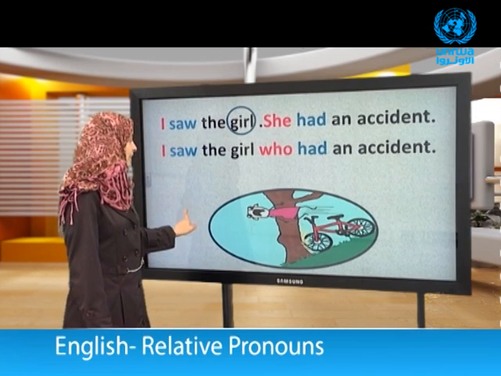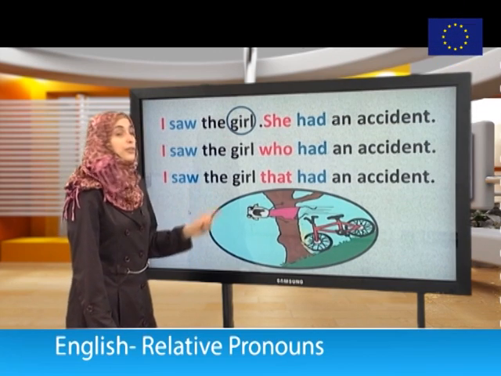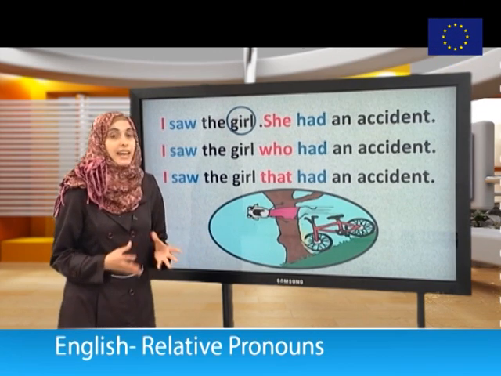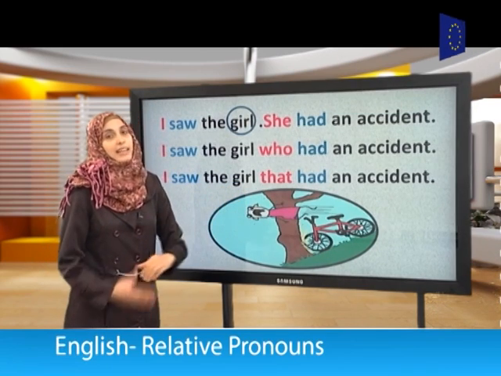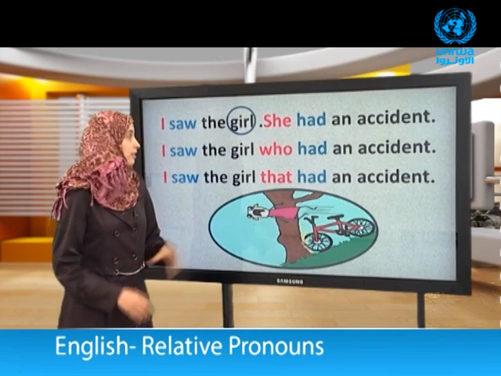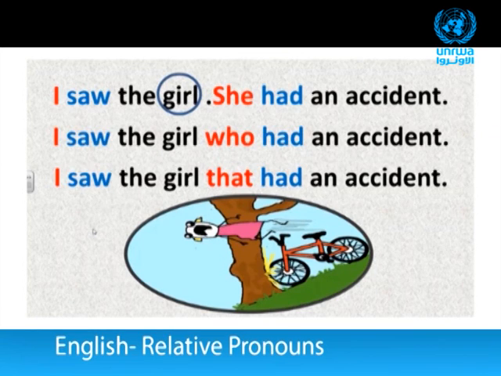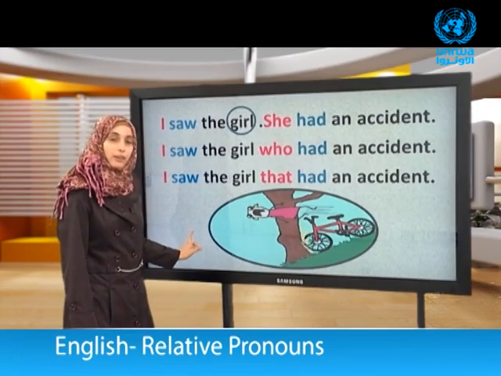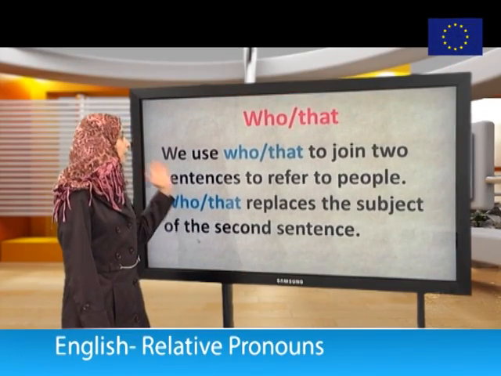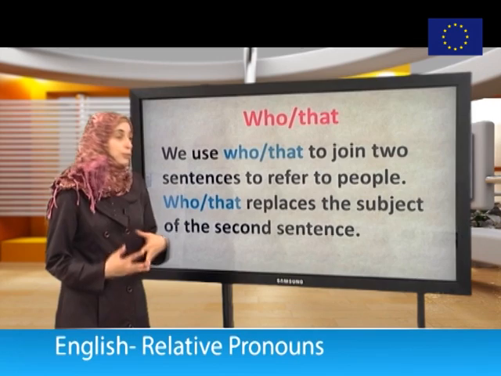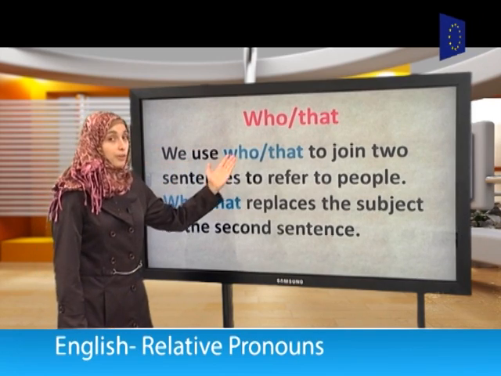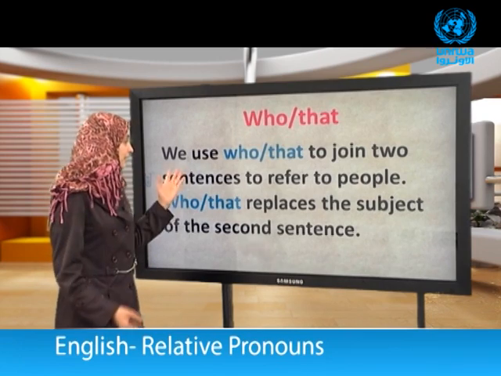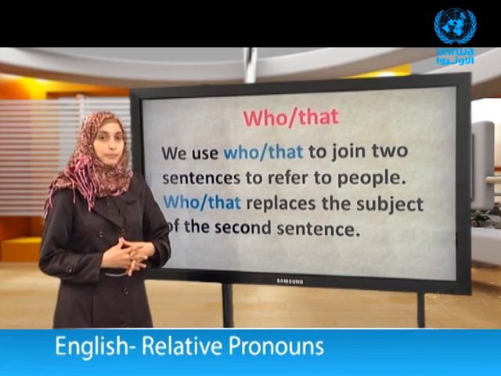Or we can say, I saw the girl that had an accident. Remember, for a person or for people, we can use either who or that. We can conclude, we use who or that to join two sentences to refer to people.